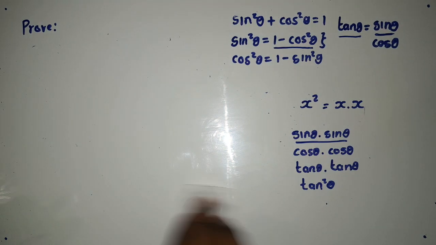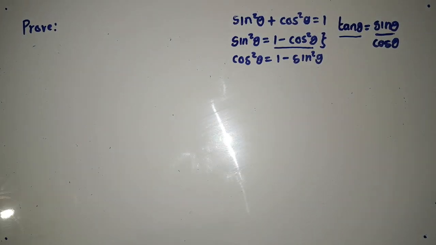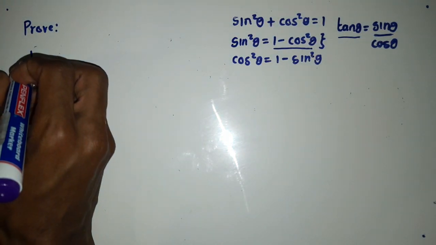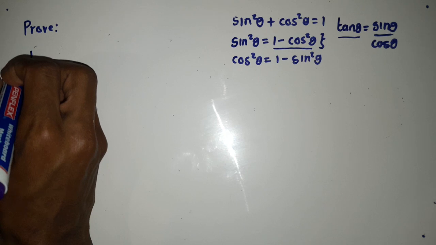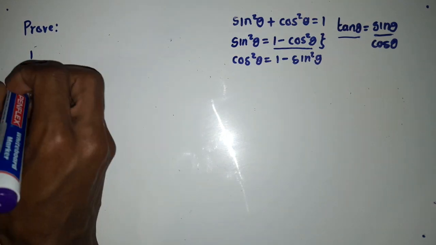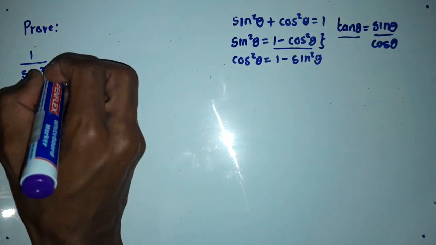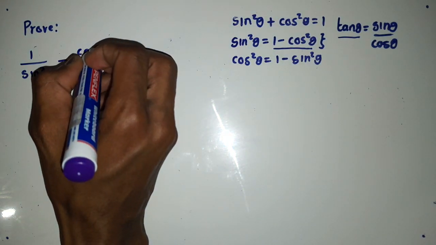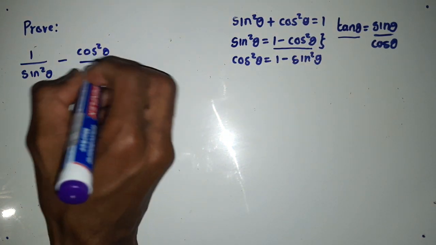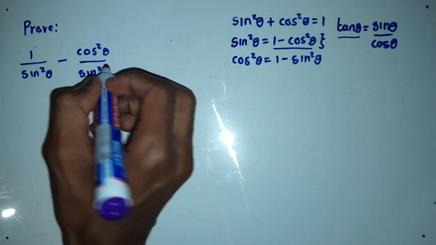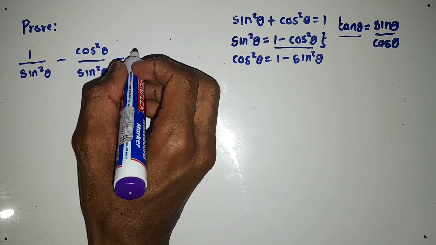Let's try another one. See? Let's say now we have 1 all over sine squared theta minus cos squared theta divided by sine squared theta equals 1.